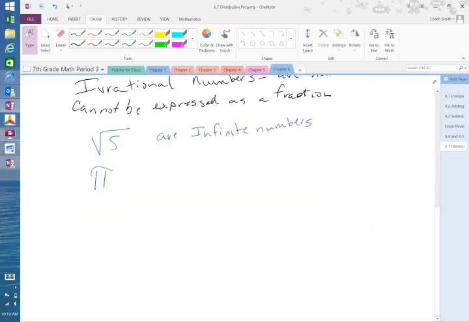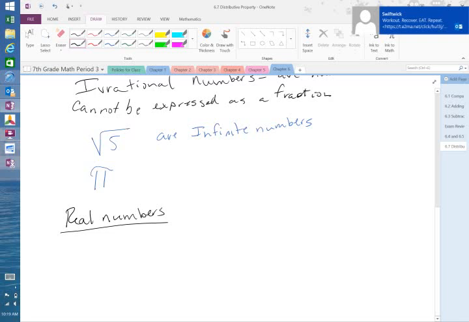Now, the only thing that we're really adding to our vocabulary for today is real numbers. Real numbers are those numbers that are positive and negative, both whole numbers, decimals, and fractions.